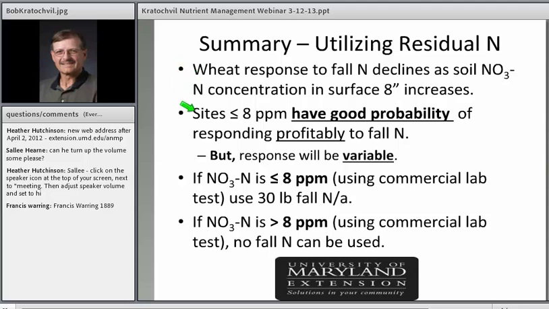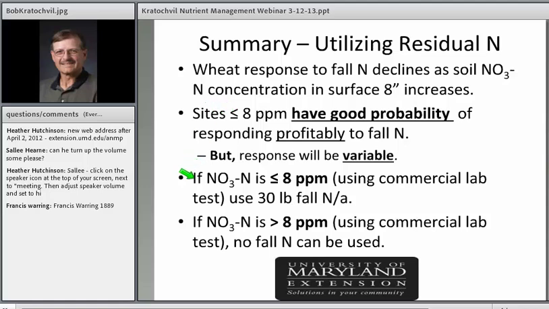Sites with less than or equal to 8 parts per million have a good probability of responding profitably to the use of fall nitrogen. But do keep in mind that this response will be variable. It's not a guarantee that if you have a soil nitrate content less than 8 parts per million and you use fall nitrogen, that you will have a profitable response.